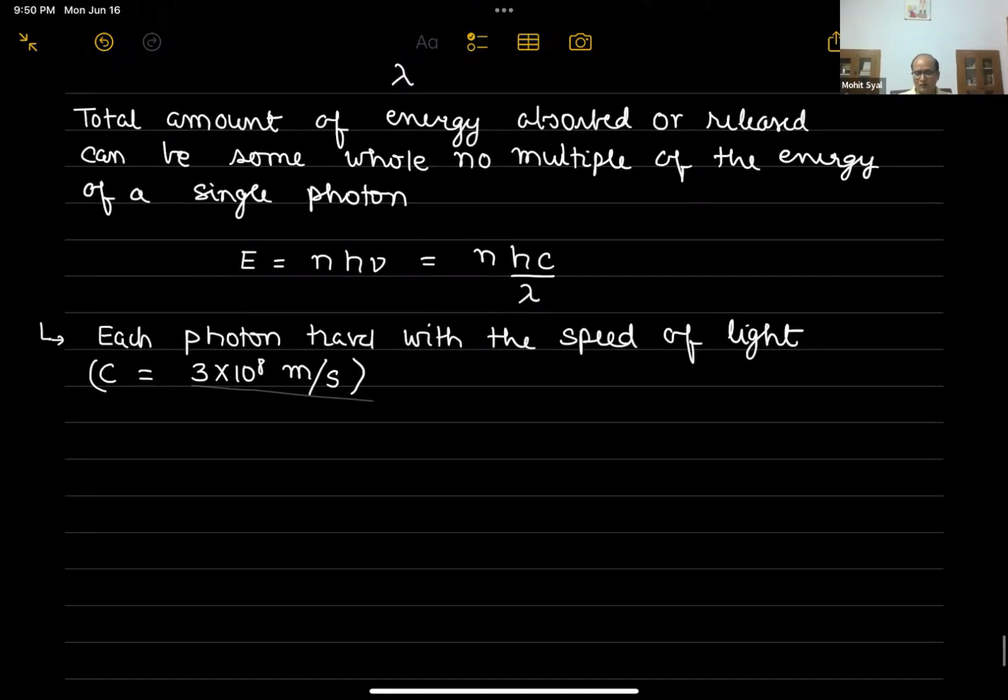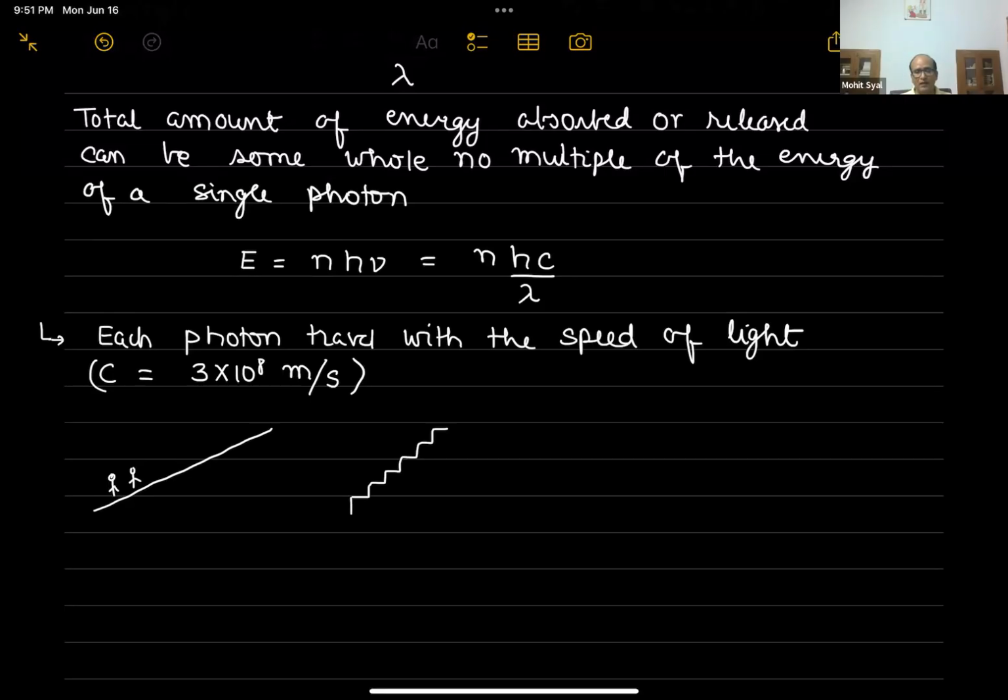So let's do some questions. It is just like the quantum nature of light. Suppose I'm standing on a ramp, a slope, or I am moving up through stairs. On the ramp I can stop anywhere I want.